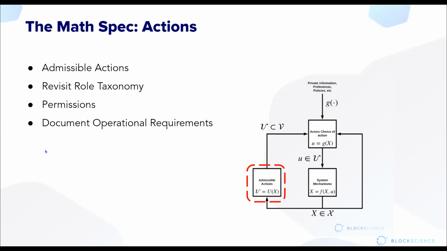And so we might look at a role taxonomy: who the users are, what they're expected to do, and whether there are permissions. You could have controls here, like a centralized control actor, but again, it's an action.